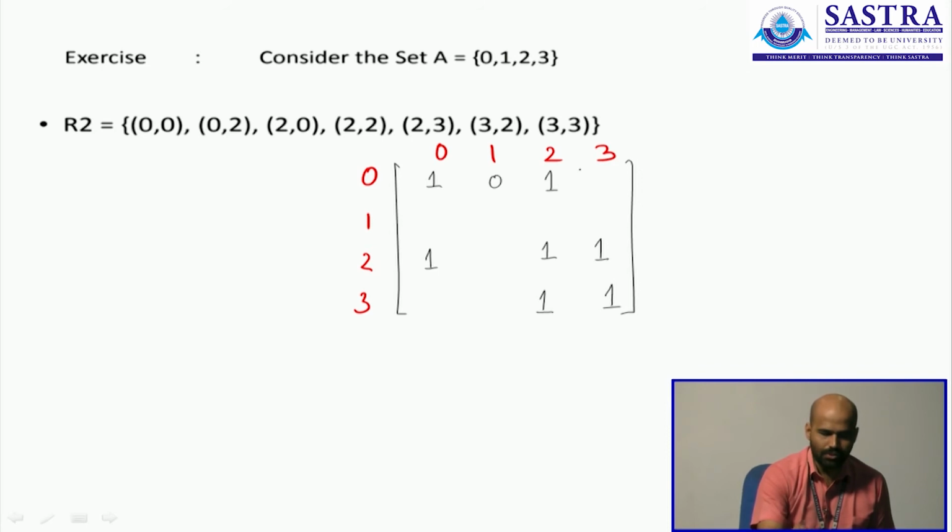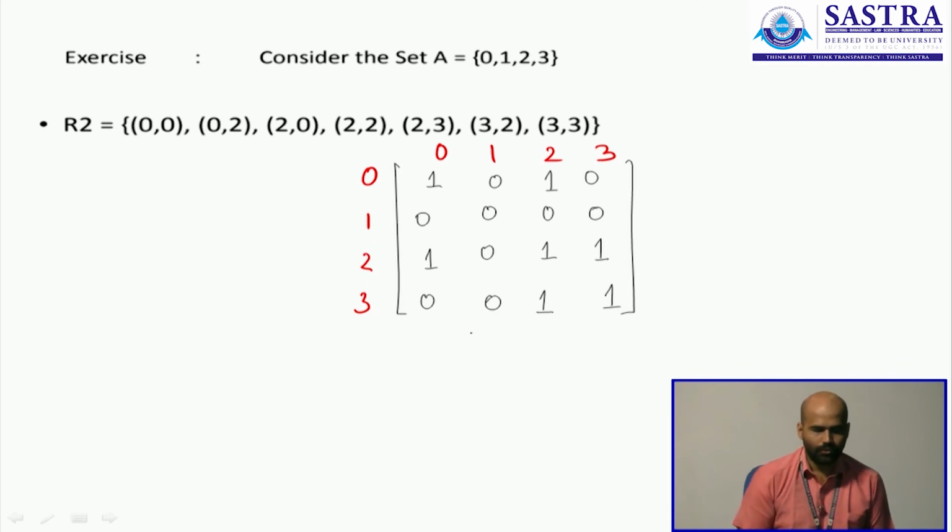All other elements are zeros. So there are 7 elements in the relation, which means there are 7 ones in the matrix. We have the 7 ones. This represents the given relation R2.